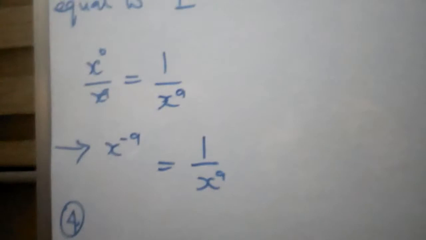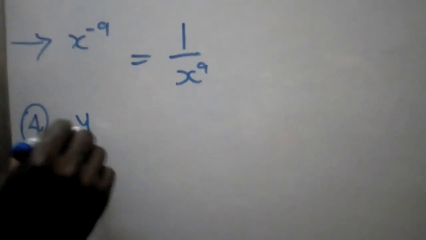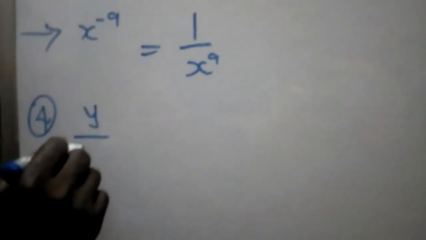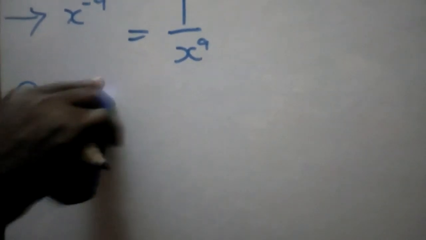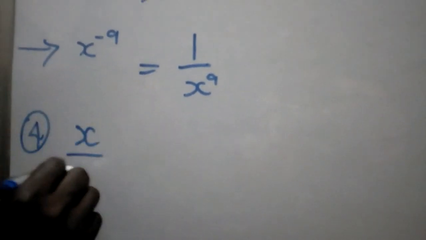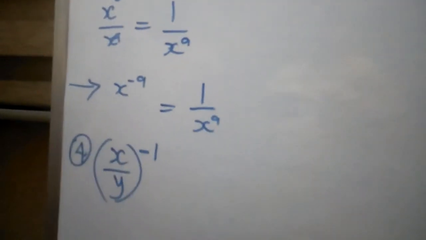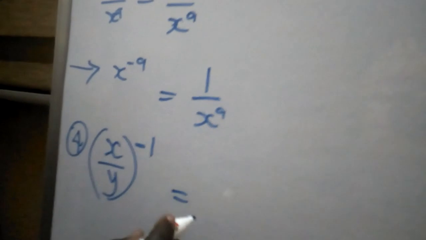Law number 4 states that x over y with an inverse index is the same thing as y all over x.